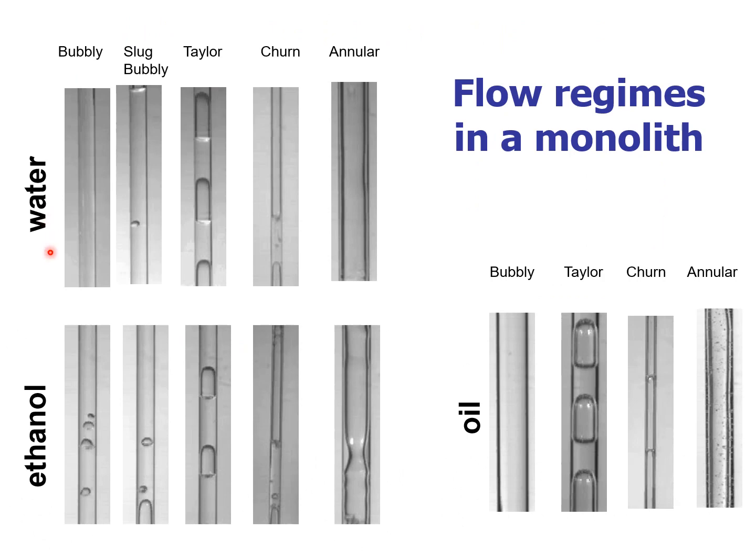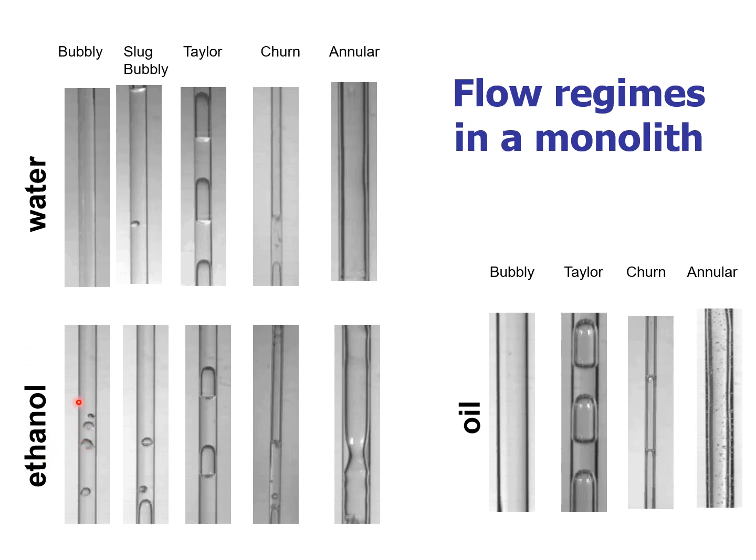Depending on the relative velocities of gas and liquid upflows inside the single channel, we obtain a variety of flow regimes. And to illustrate that, we will look at video recordings of 3 different cases in which we have water as a liquid phase, ethanol as a liquid phase, and oil as the liquid phase.